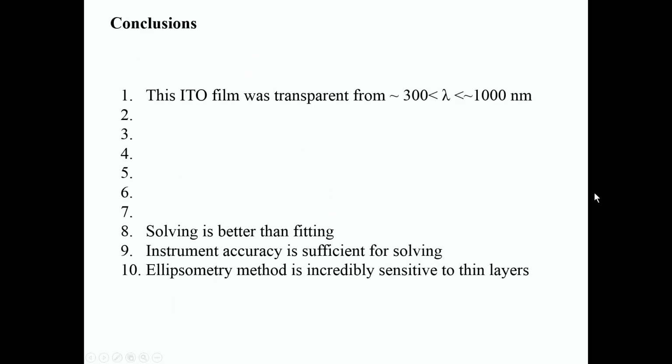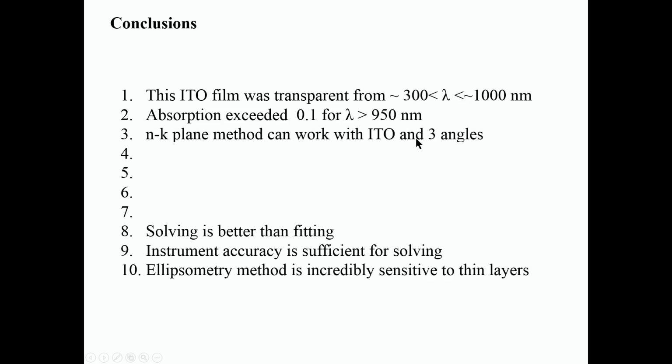So our conclusions are as follows: that this had a transparent region, and its absorption was metal-like. Once we reached 500, we found that the NK plane method can work with ITO and 3 angles at that thickness. Now, if it's very thin, we've found that that may not work, but it does work here.